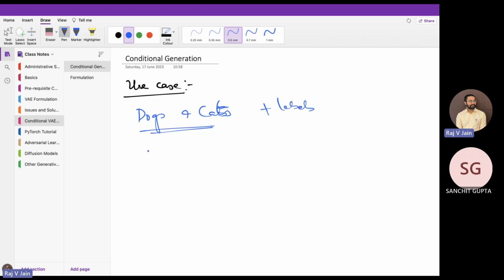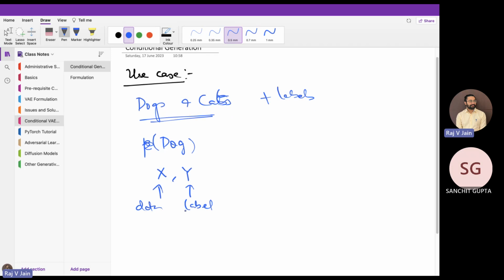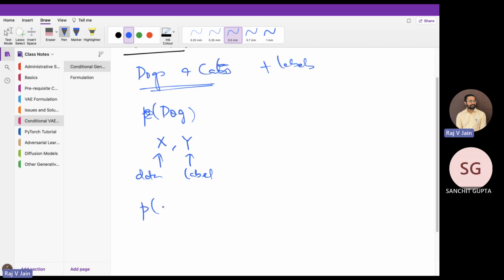Then let's say I want to generate dog images only from this. So the idea is that I have some X and a Y. This is the data and some sort of label of that data. What we want to generate is X given Y. This is called the conditional generation paradigm.